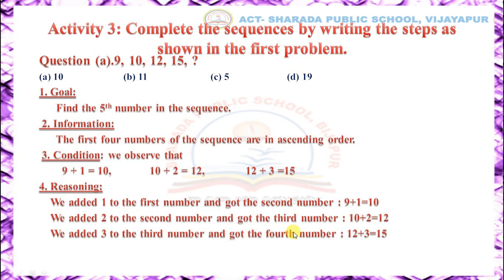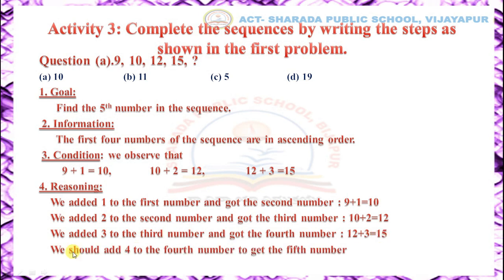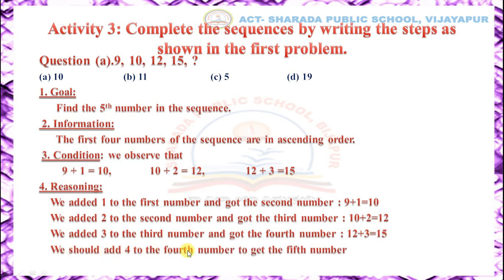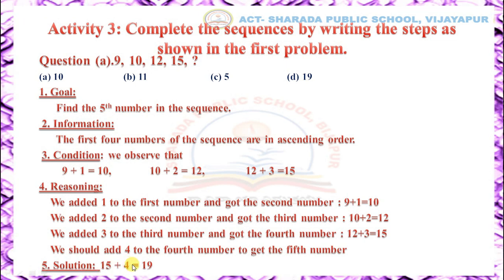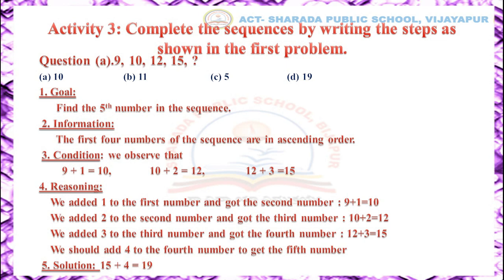That is 12 plus 3 is equal to 15. We should add 4 to the fourth number to get the fifth number. So, solution is 15 plus 4 is equal to 19. Now, we will circle the answer 19 given in the option.